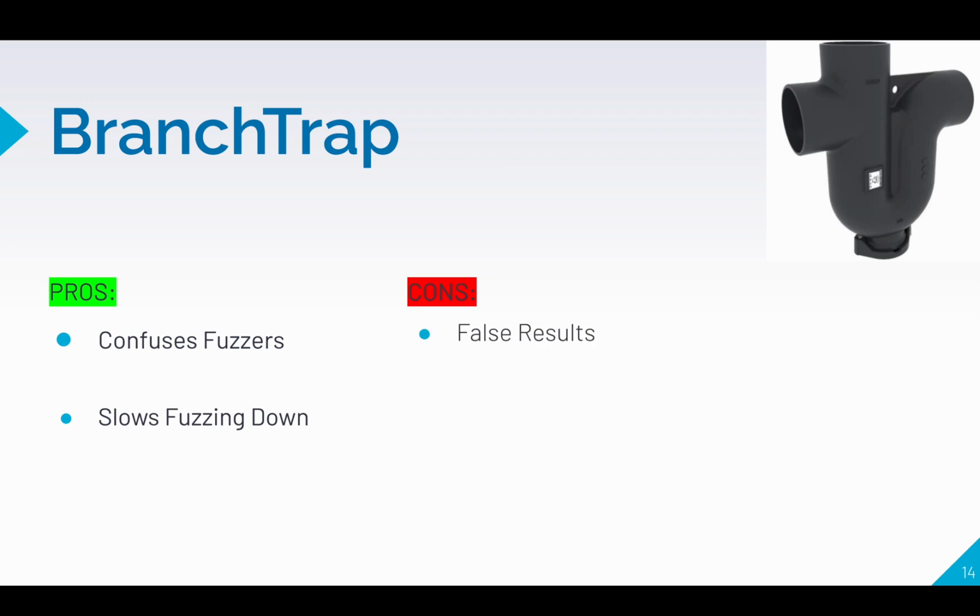Some cons for that is false results. It might make fuzzers think they found a problem where there isn't one, and increased program load, since adding traps can make the program a bit slower, especially for large programs.